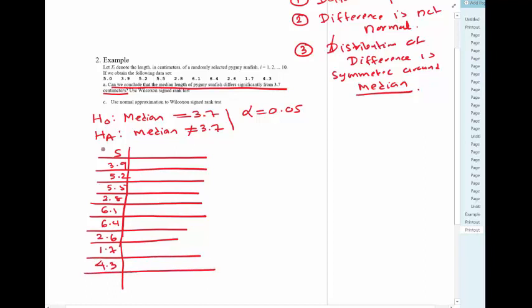Okay. So now we want to subtract 3.7 from each one of these. It's like 3.7 is paired with each of these data points. So I have 3.7 here.